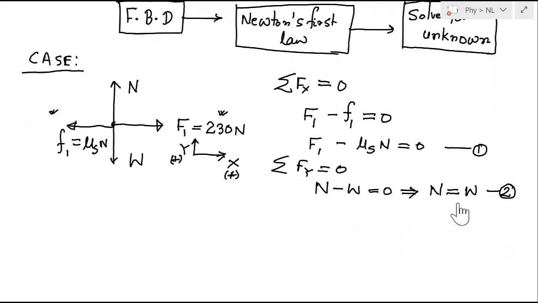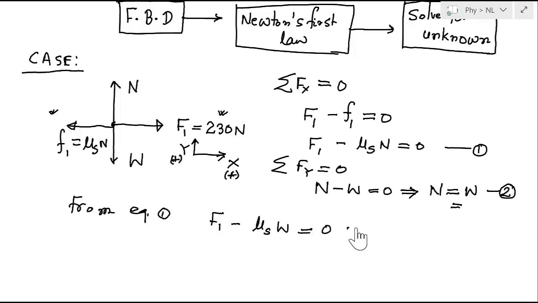Plugging N equals W into equation 1, F1 minus mu s W equals 0, so F1 equals mu s times W, and mu s equals F1 divided by W.